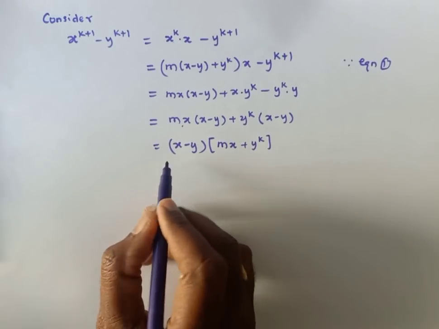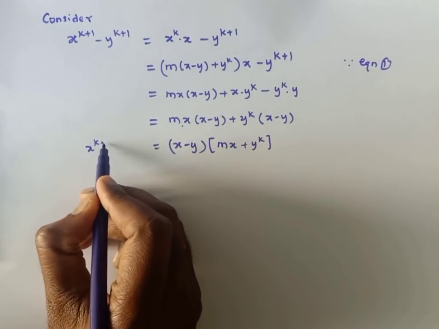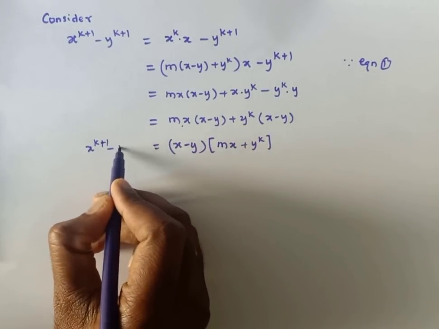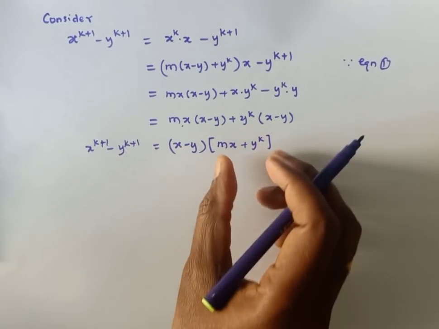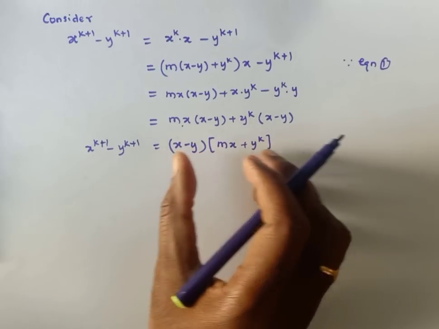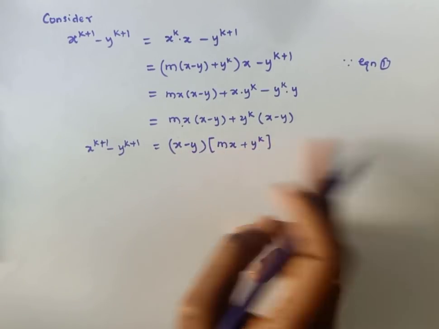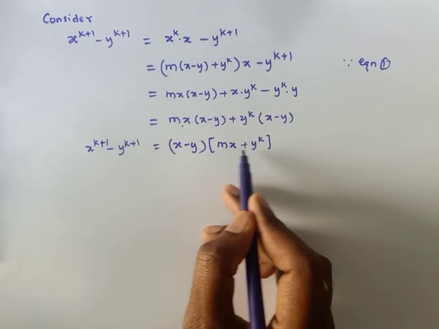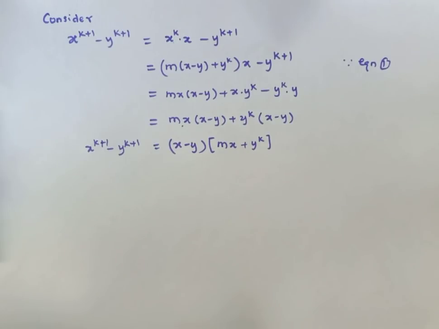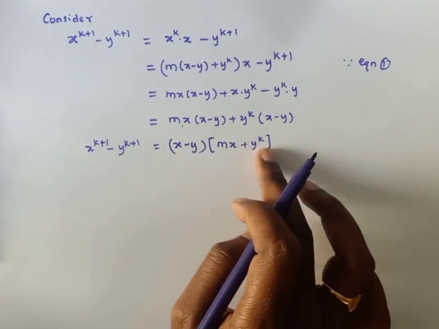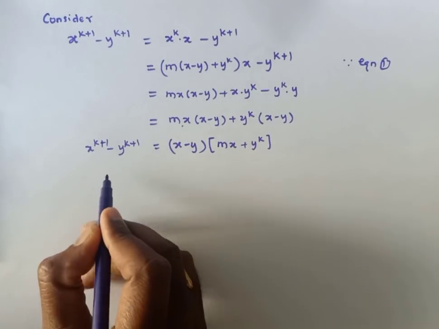So x to the power of k plus 1 minus y to the power of k plus 1 is x minus y times something, which means this quantity is divisible by x minus y obviously. Since m, x and y are natural numbers, this quantity is necessarily divisible by x minus y.